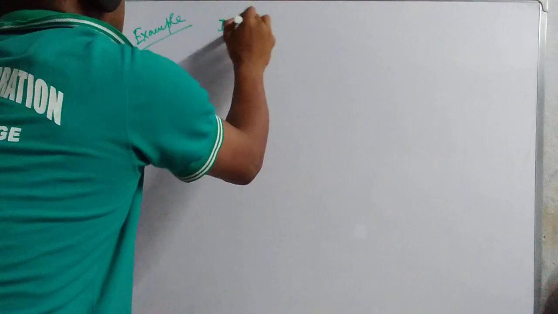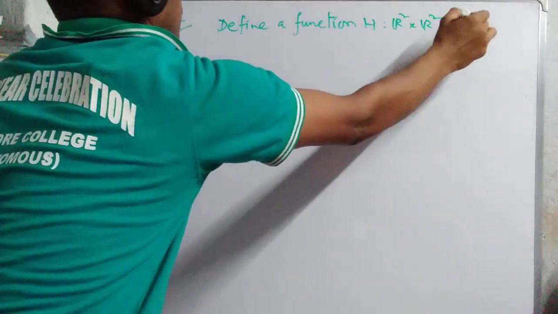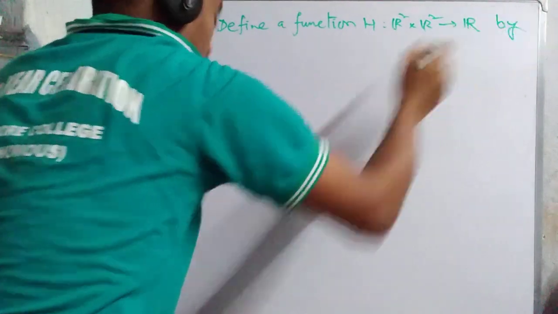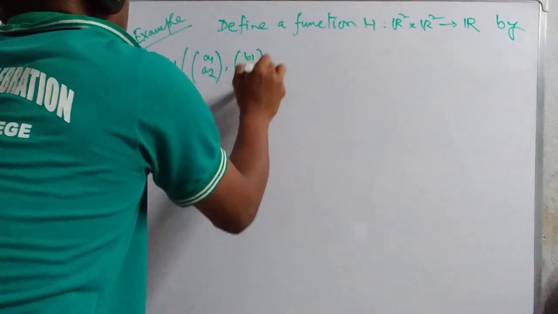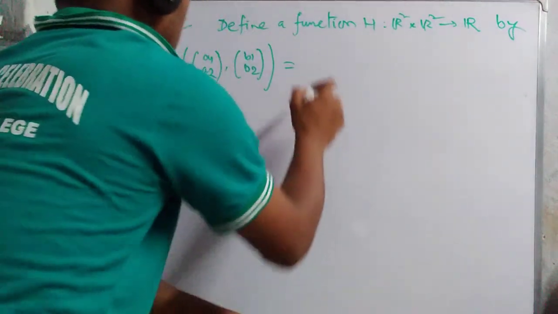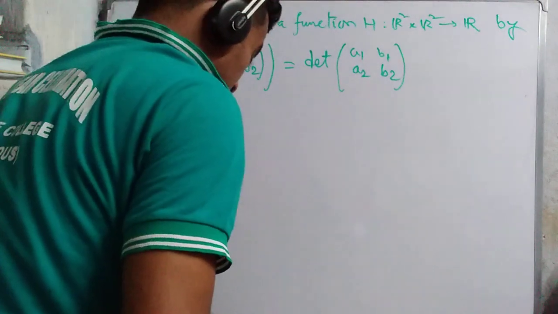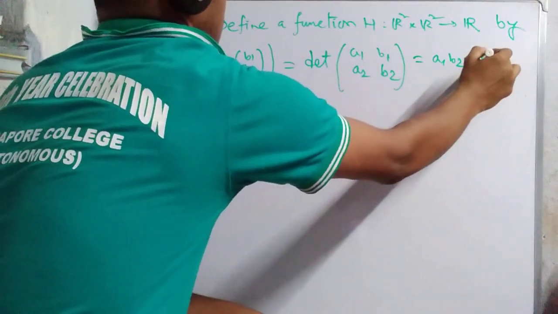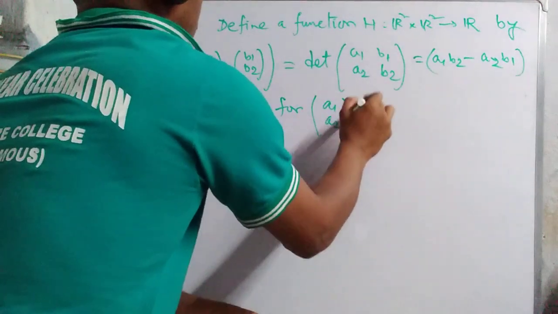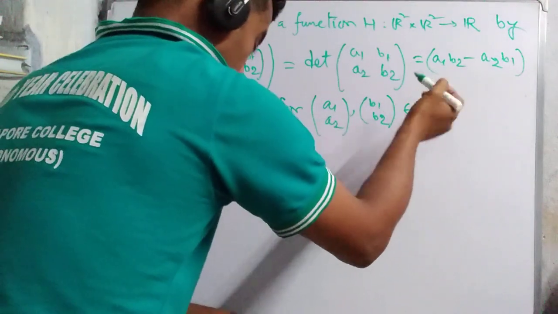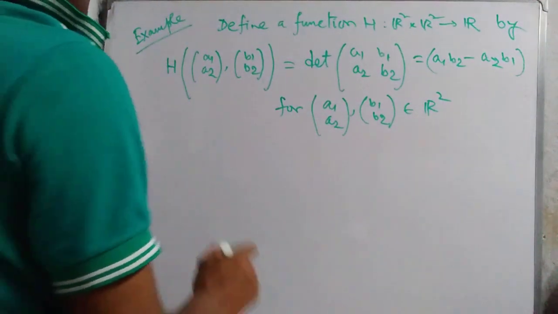Define a function h from R squared cross R squared to R by h of (a1, a2), (b1, b2) equal to the determinant of a1 a2 b1 b2, which equals a1 b2 minus a2 b1, for a1, a2, b1, b2 belonging to R. Okay, then it can be shown that h is a bilinear form.